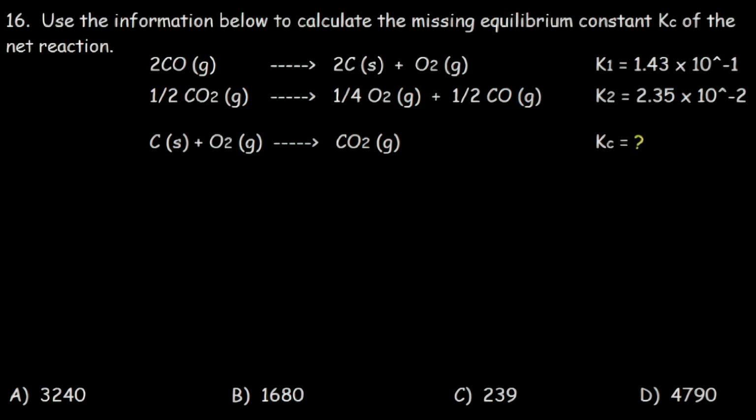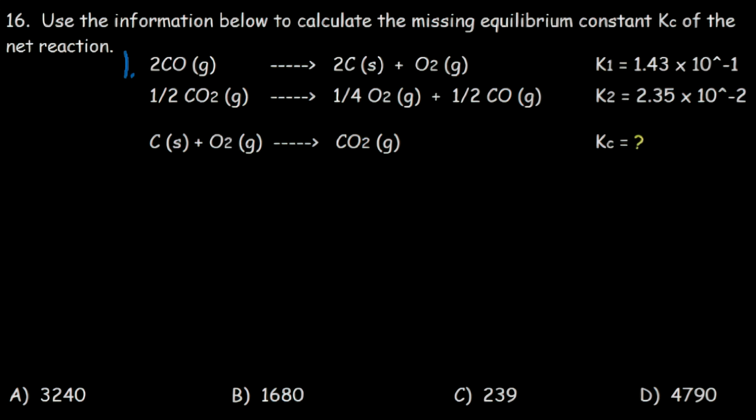So our goal is to get the equilibrium constant for the third reaction. So we need to focus on the right species. In the first reaction, let's call this number 1. Which species should we not focus on? Which reactants and products should we not focus on?